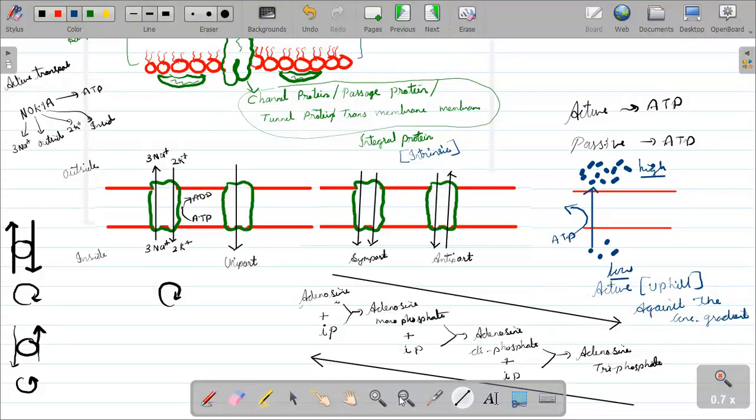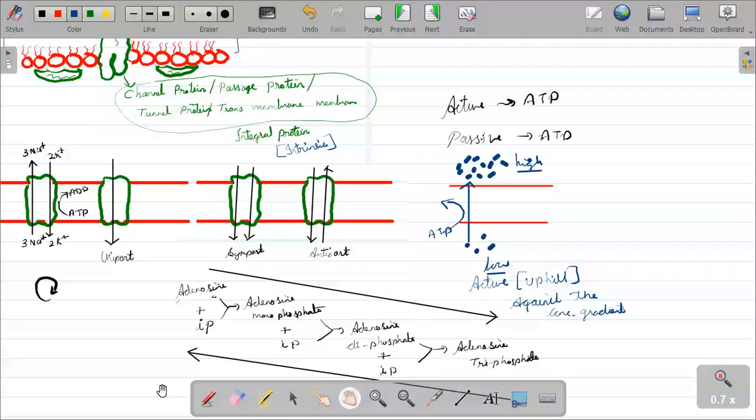At the same time, if the molecules go from higher concentration to a region of lower concentration, there is no ATP utilization.